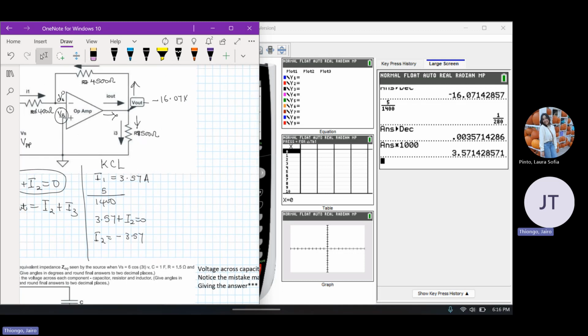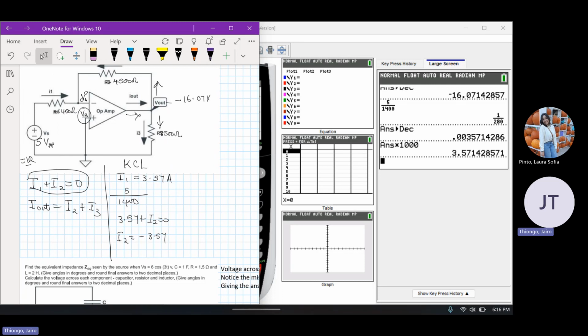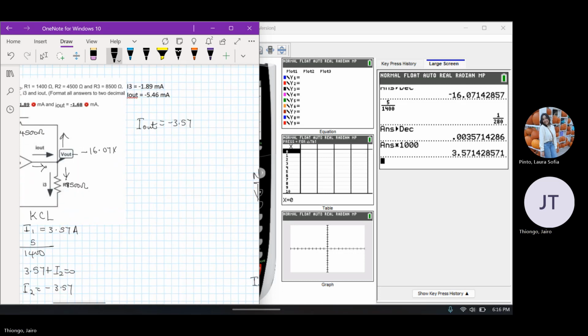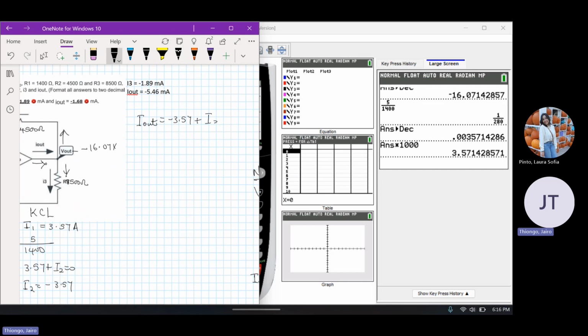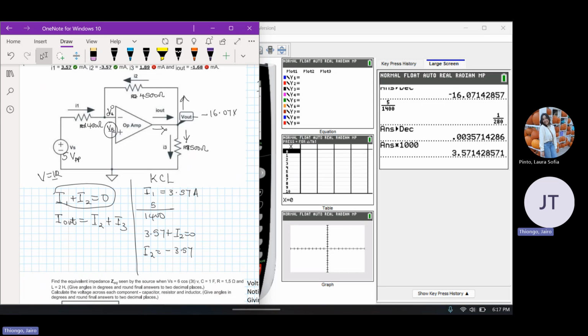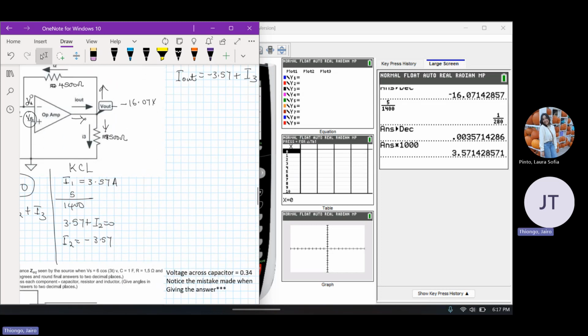And then we'll go to find I3. So we already have I out is equal to minus 3.57 plus I3. So the other equation we have is this one. We also have the voltage out over here as minus 16.07.